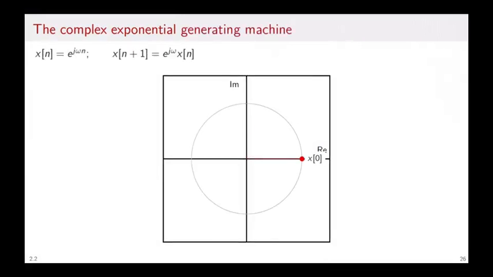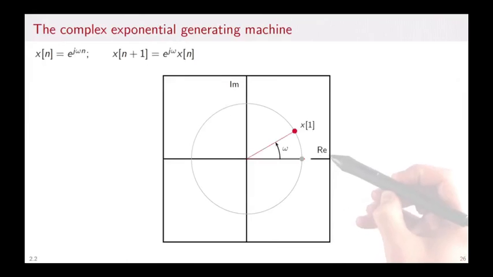Let's look at what we will call the complex exponential generating machine. x[n] is equal to e to the j omega n. x[n+1] is simply e to the j omega times x[n]. And so recursively we're going to generate successive samples of this discrete time complex exponential. So let's start at x[0]. It's straight on the real line.